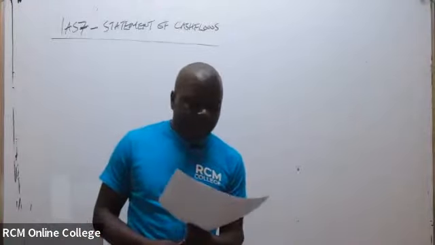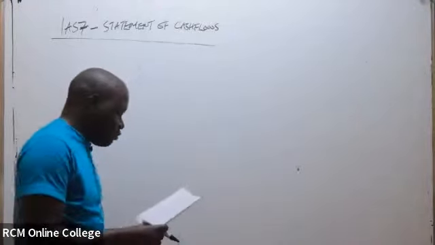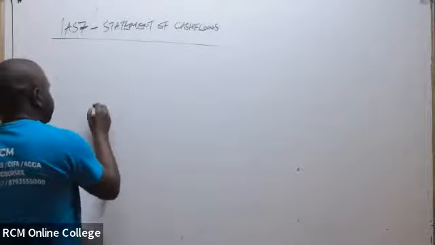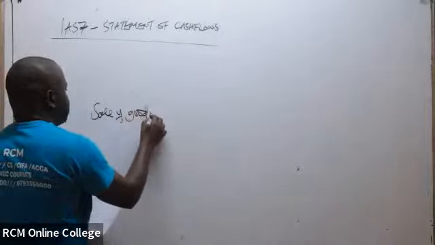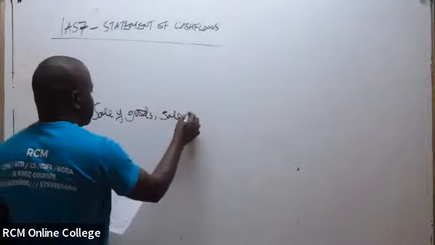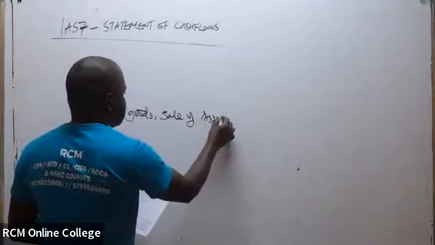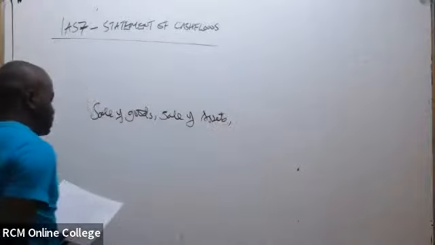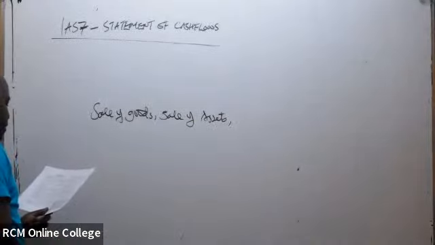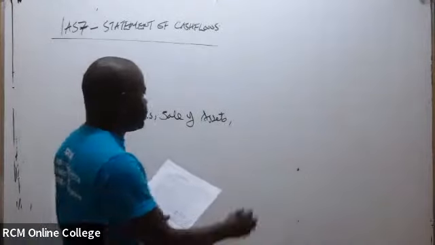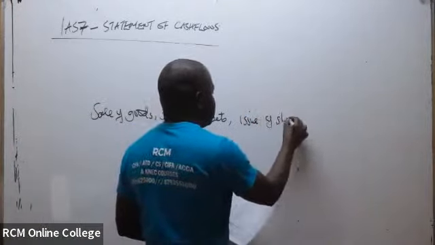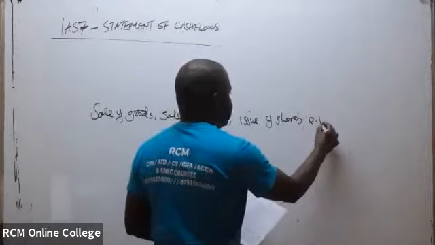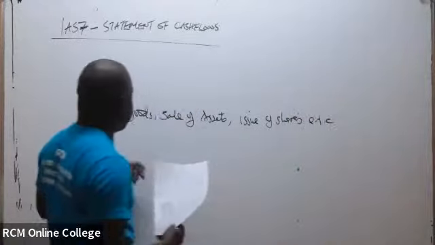E.g., by this we mean sale of goods, sale of assets, issue of shares, etc. So whenever these ones happen, you get money.